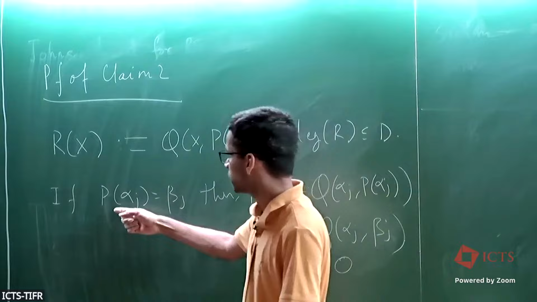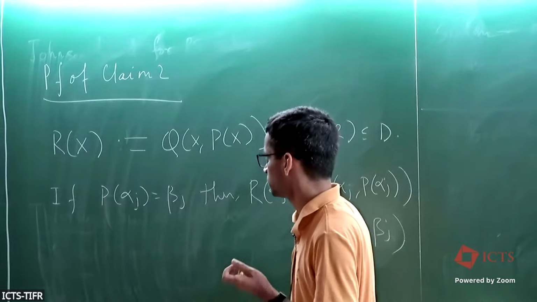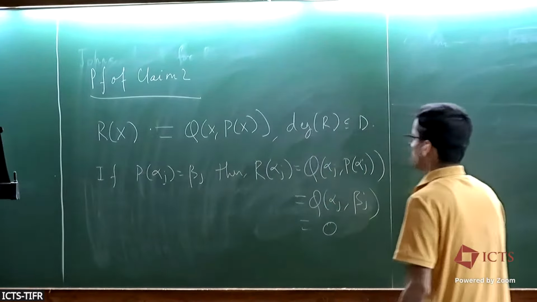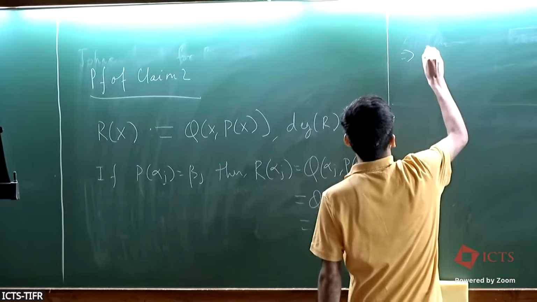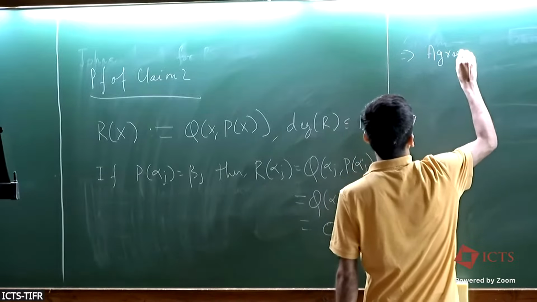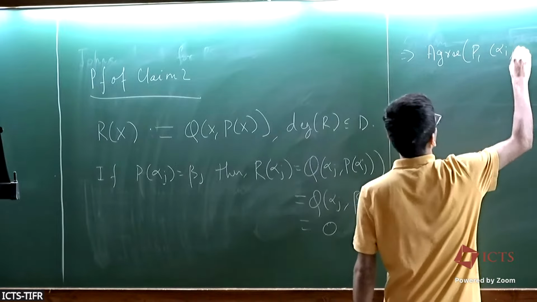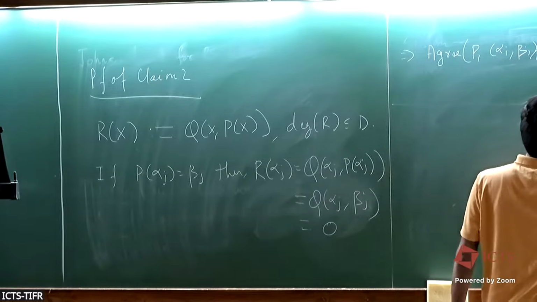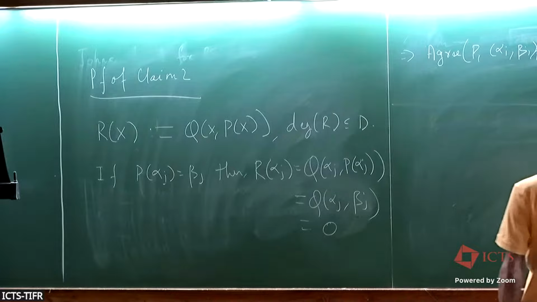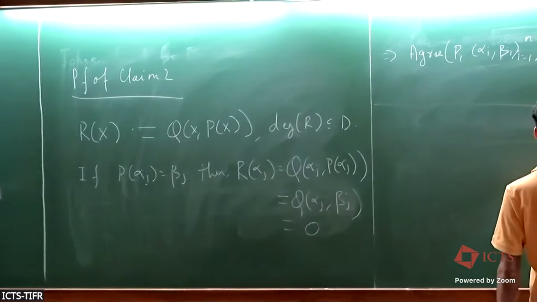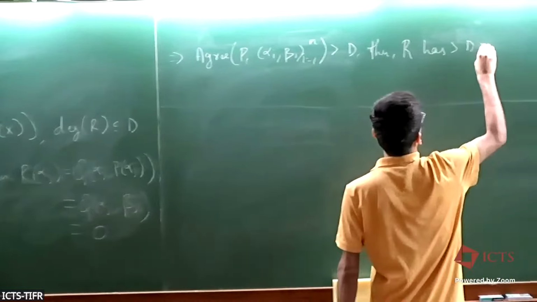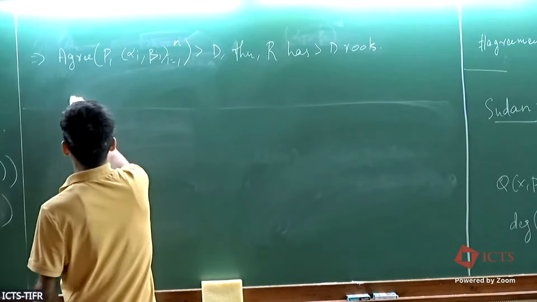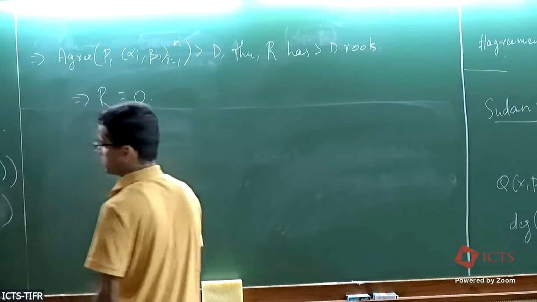So at every j such that P(alpha_j) equals beta_j, we get a root of R(x). So if the agreement between P and the received word is greater than D, then R has greater than D roots, which implies that R must be identically 0.